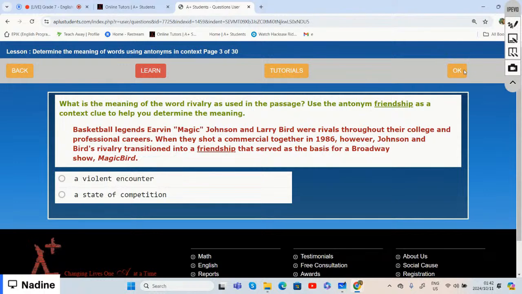We now need to find the meaning of the word rivalry. Is it a violent encounter, option one, or is it a state of competition, option two? Rivalry.